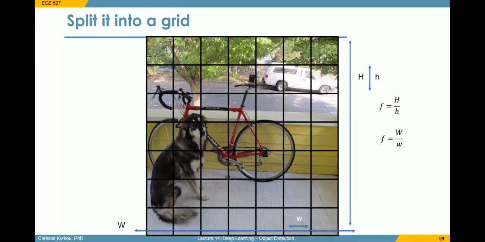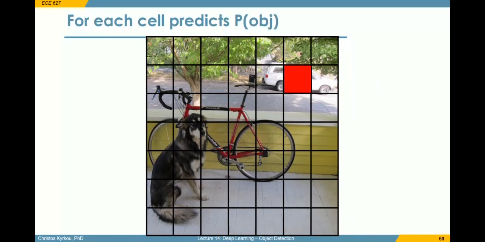And the idea is to have objects centered at each grid cell, so that grid cell can predict that object that is centered at that location. So each grid cell predicts the probability that an object is centered at that location and the potential class of that object.